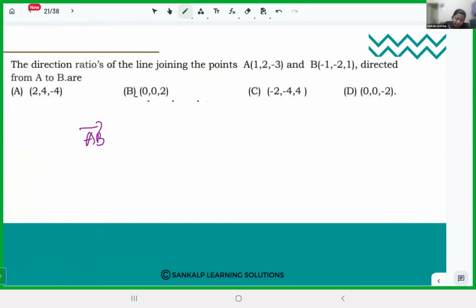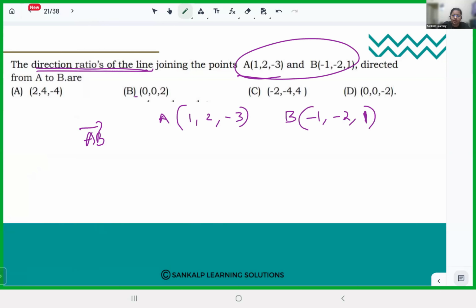You have to find out the direction ratios of the line joining the points A and B, which is directed from A to B. That is also given there. So it is nothing but vector AB.